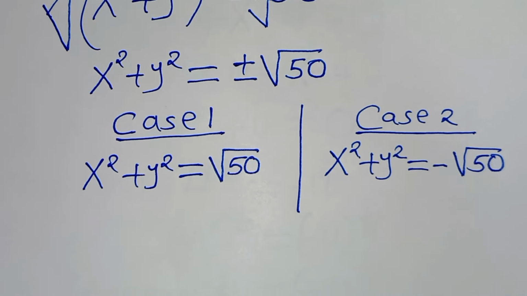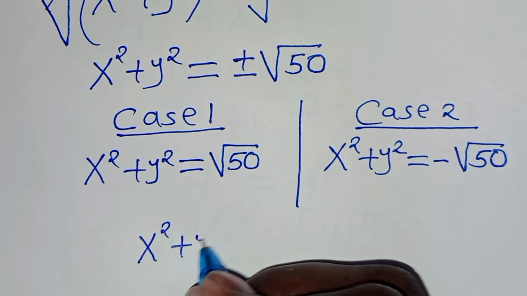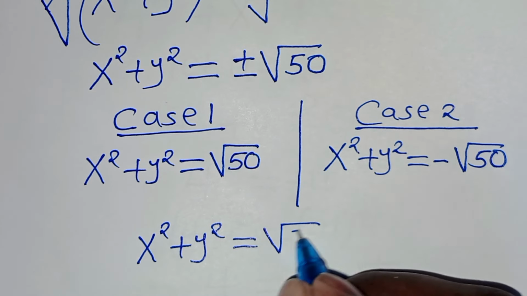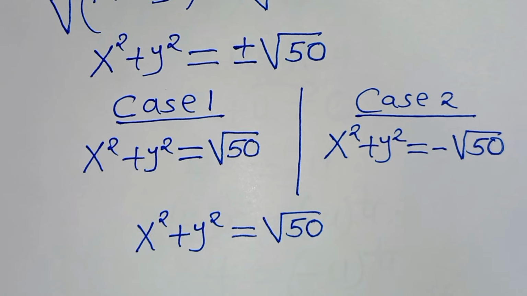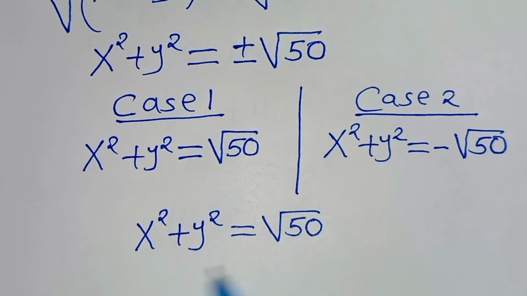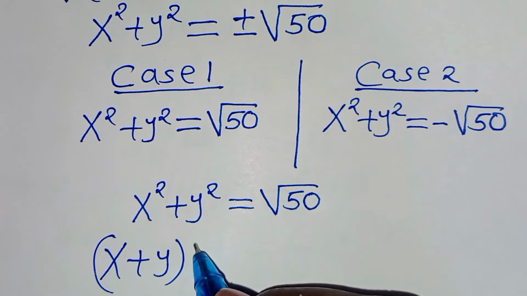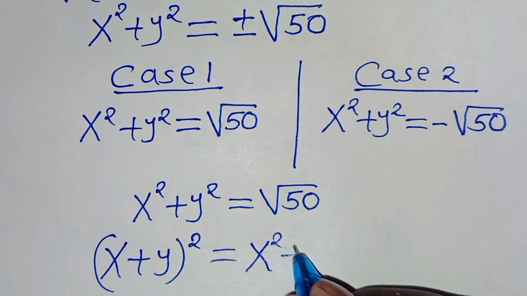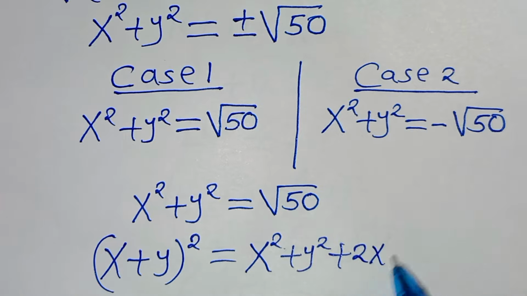So let's start with case 1. In case 1, we have x² + y² equal to the square root of 50. Now the next step from here, (x + y)² is the same thing as x² + y², then plus 2xy.